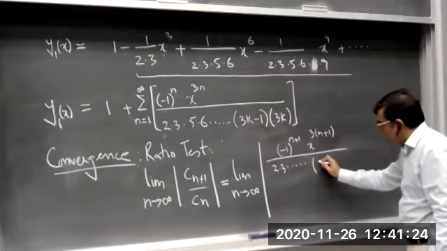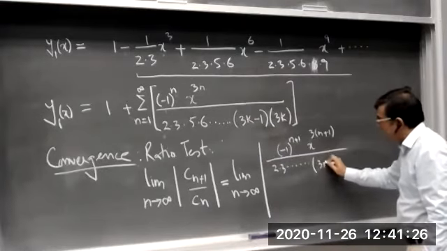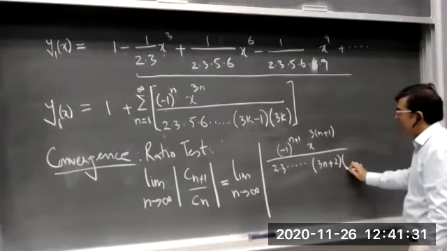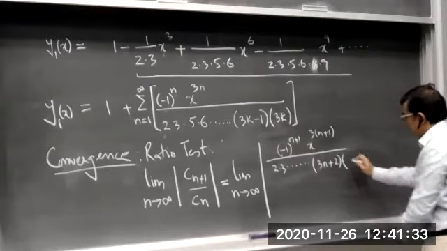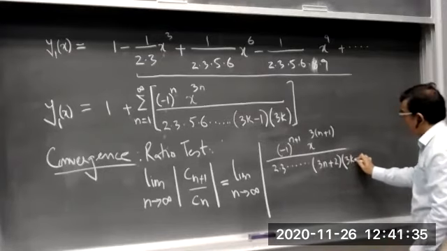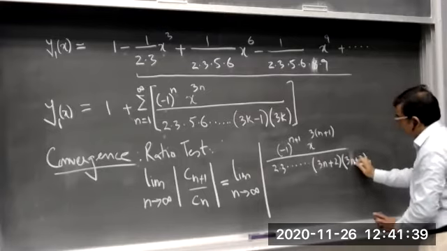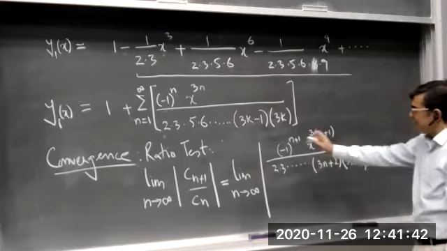So what do we obtain here? 3n plus 3 minus 1, it is 3n plus 2, and then 3n plus 3, not k, here n. So this is your cn plus 1.